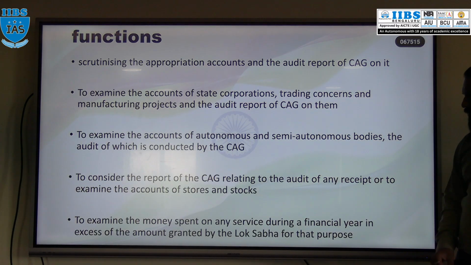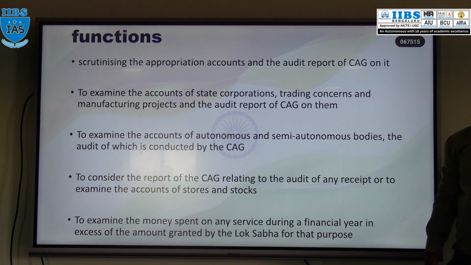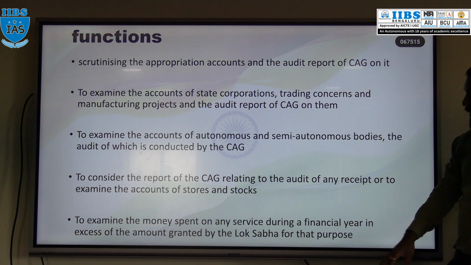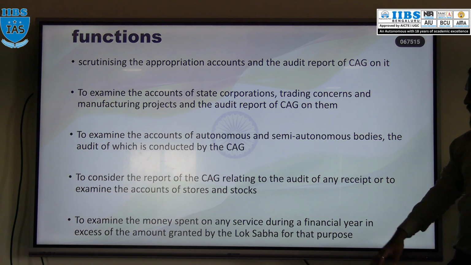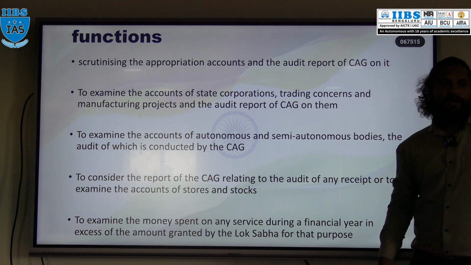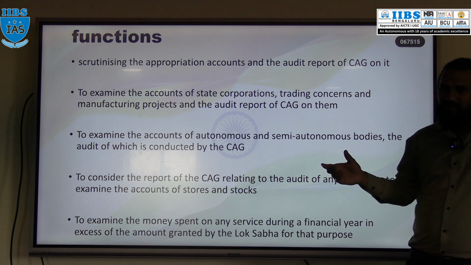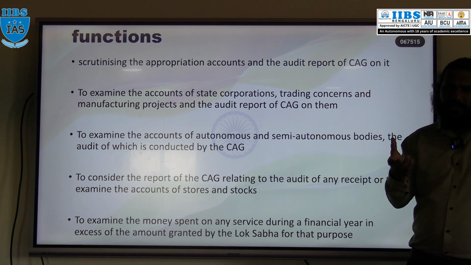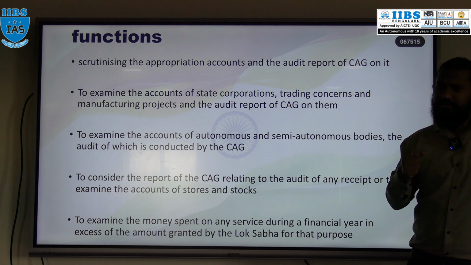Apart from that, the CAG also audits any receipt of the central government related to the accounts of stores or stock. Generally, central government properties, assets, or stocks will be there, right? Those audits will be done by the CAG.